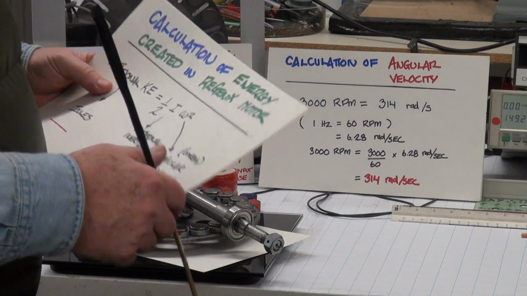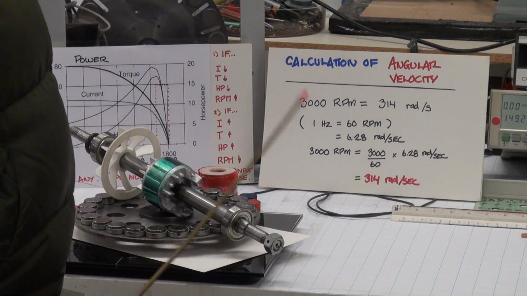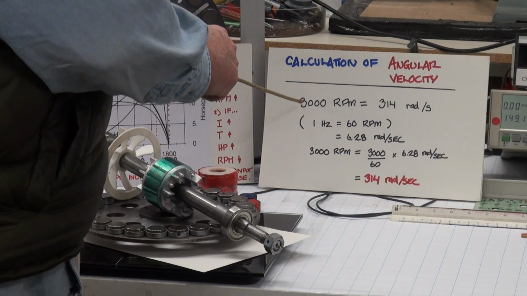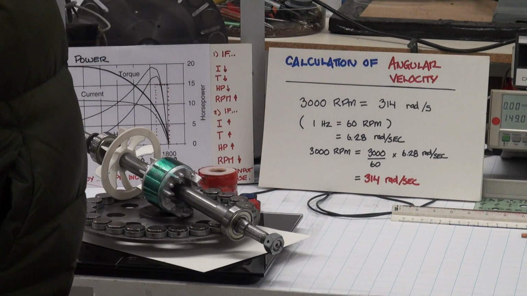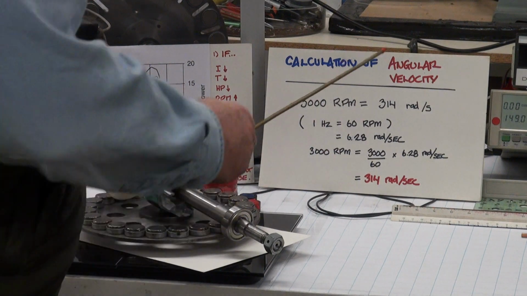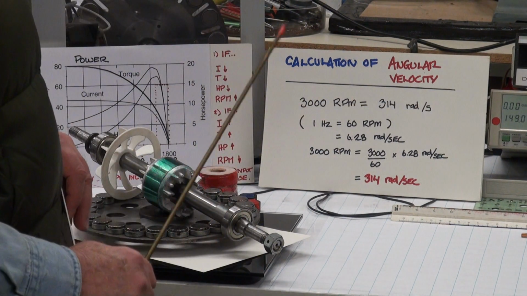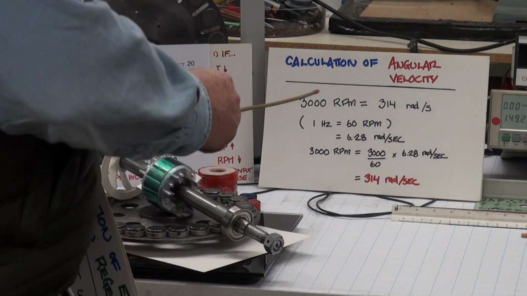And the angular velocity is the conversion of the RPM that we'll be measuring to radians per second. 3,000 RPM equals 314 radians per second.